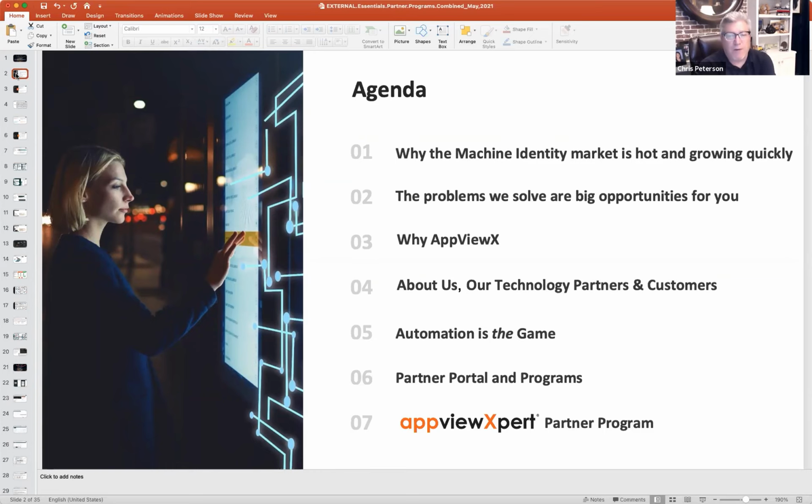And then we'll talk a bit about automation. I'll show you a few screenshots of the partner portal and let you know how to get access to the partner portal. And then last, I've got a few slides on the overview of the AppViewXpert program.